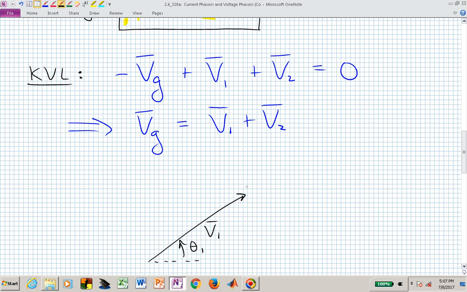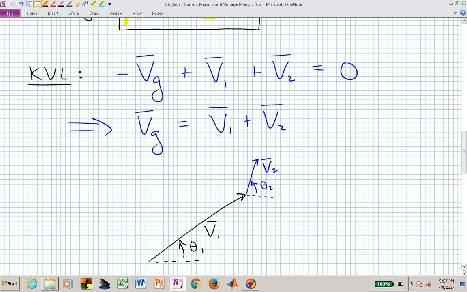And let's say that V sub 2 now has an angle, again added on to the head of this vector for V1, and let's say that this V sub 2 phasor has an angle theta sub 2 and a length, the length of that vector V sub 2 bar.